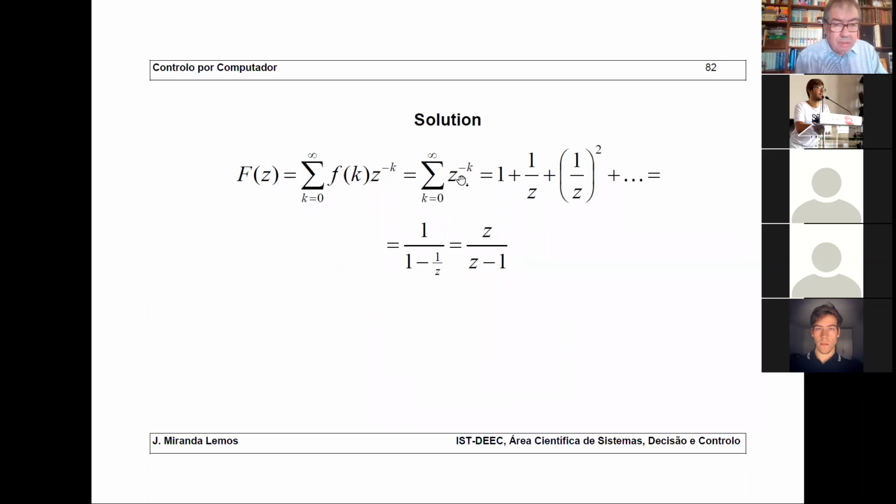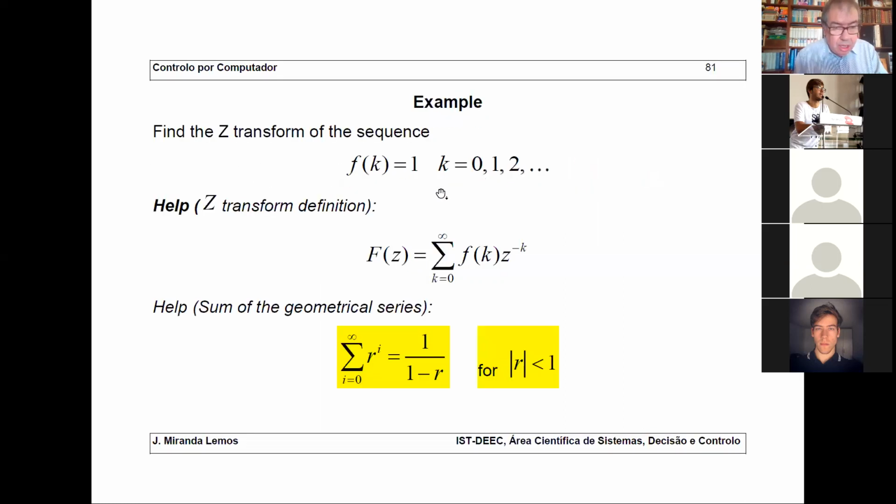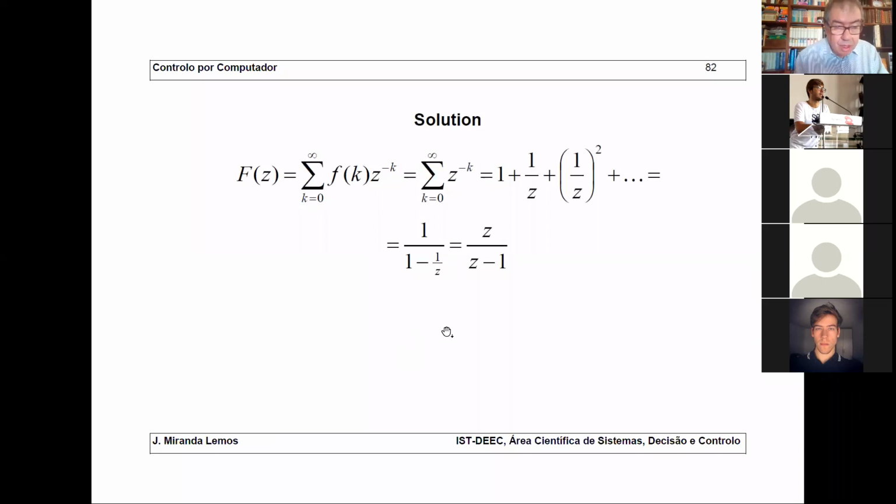Now f is 1, so nothing appears here. So the summation of z to the minus k, now I can apply this formula. Z to the minus k is the inverse of z to the k, okay? I can use this formula with r equal to 1 divided by z. So the formula gives me this, provided that 1 divided by z is smaller than 1, okay?